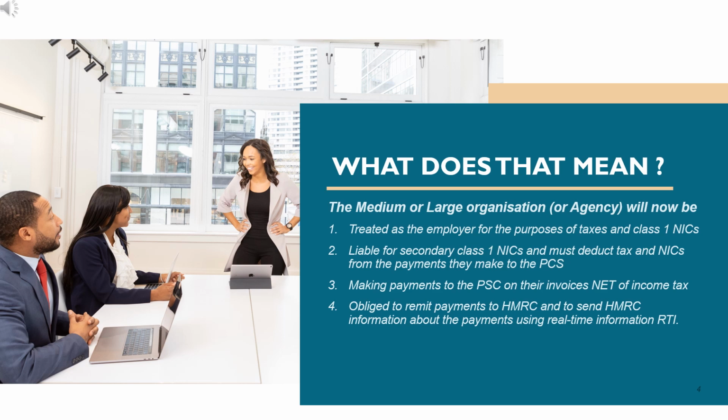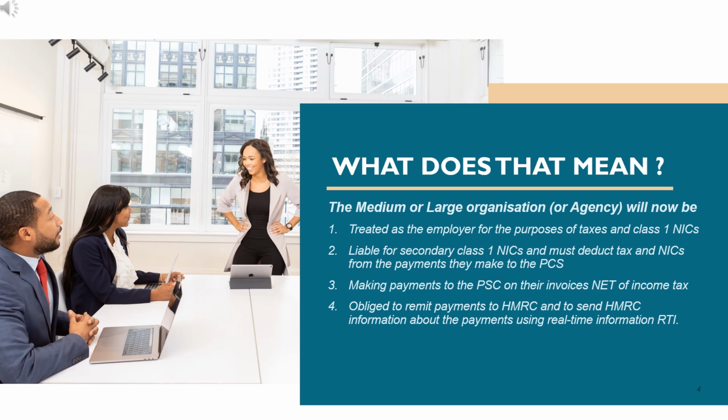What does this mean for your limited company? Well, it means that the client, which is your medium or large organization, or even the agency, will now be treated as your employer for the purposes of tax and NI. They will be liable for secondary class national insurance, and they must deduct tax and NI from the payment they make to you.